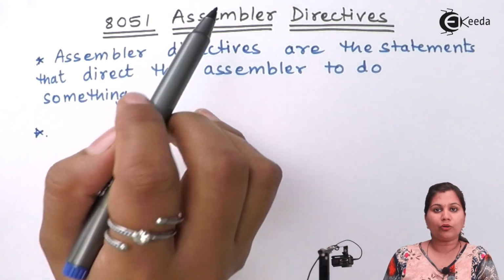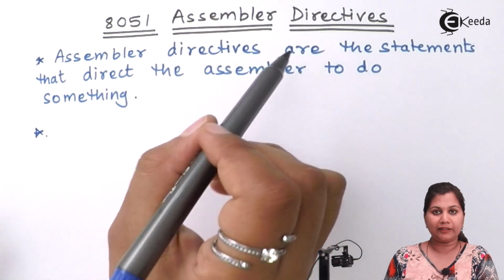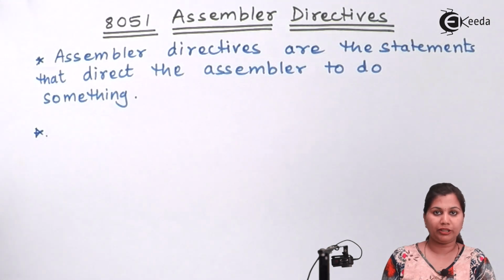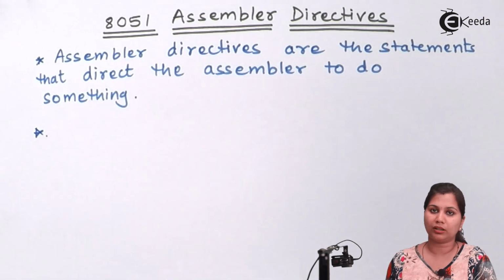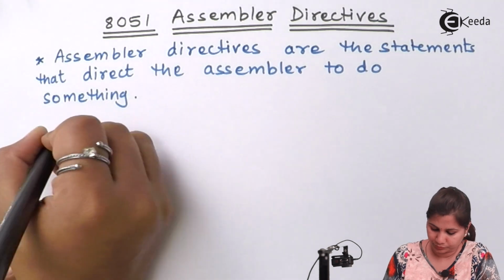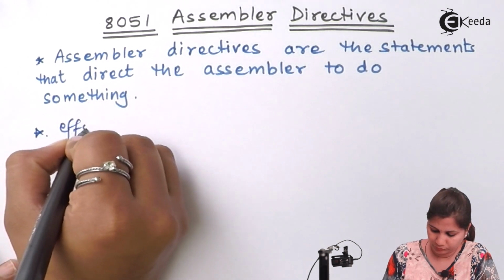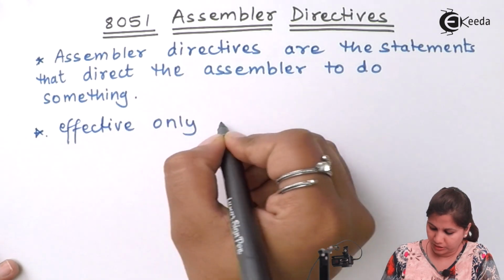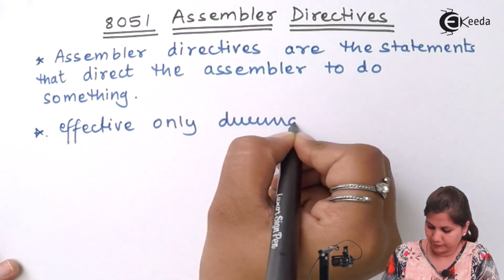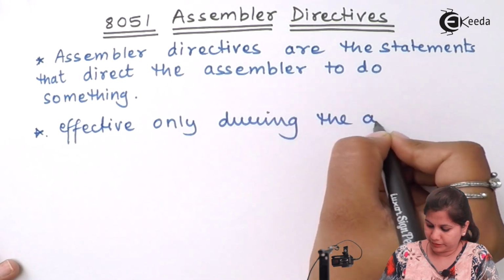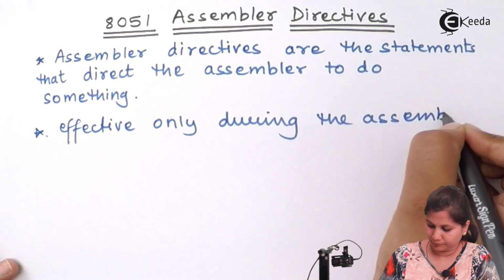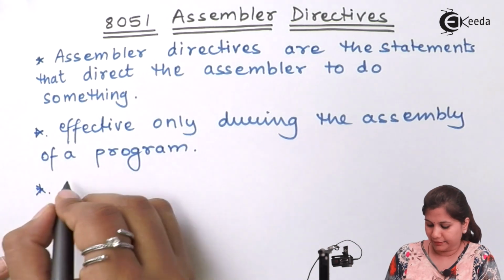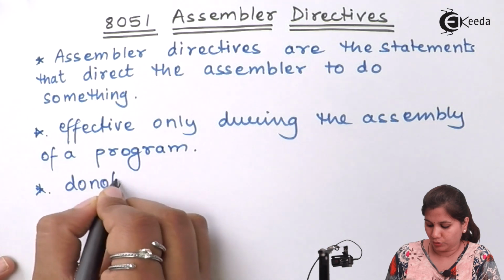The speciality of these assembler directives is that they are not converted into machine codes. They are directly given to the assembler. They are effective only during the assembly of a program, and they do not generate any code.